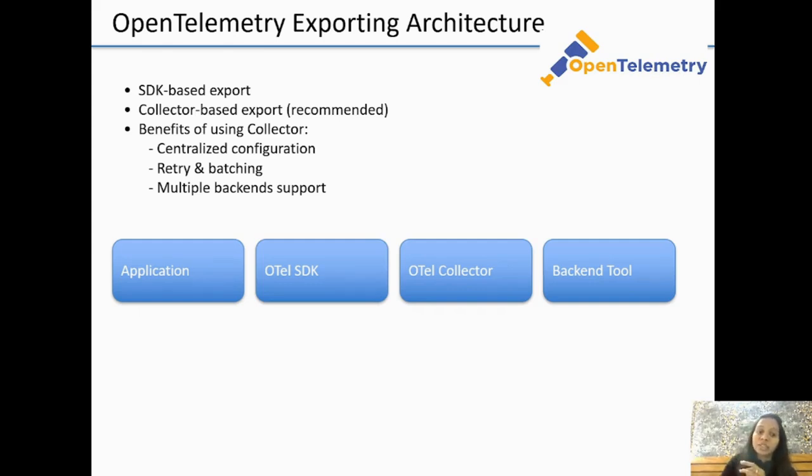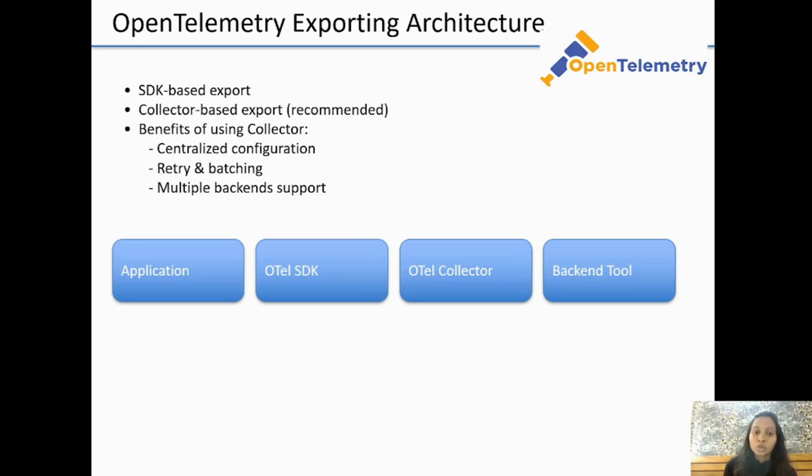The second one is that it supports retry and batching. If a backend is temporarily unavailable, the collector can retry sending data instead of losing it. And the third, as you can see on the screen, is multiple backend support. That means the same telemetry data can be sent to Jaeger, Prometheus, and a commercial tool at the same time. Because of this, the OpenTelemetry Collector is considered best practice for real-world systems.